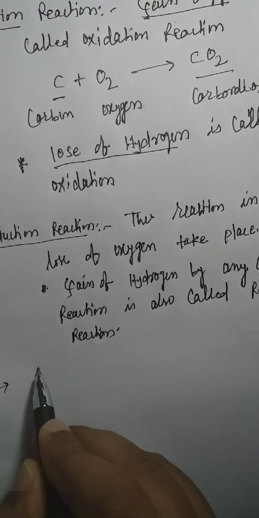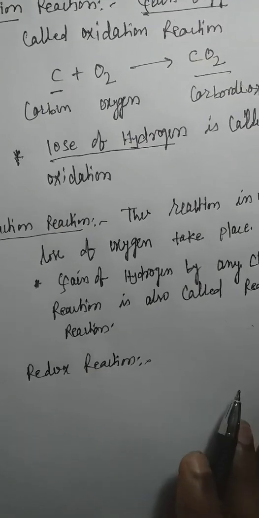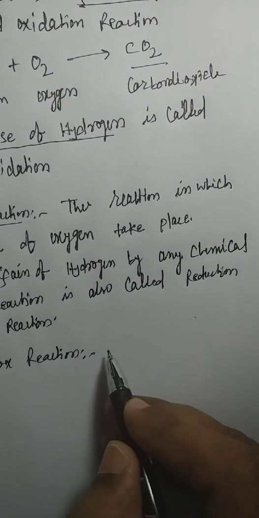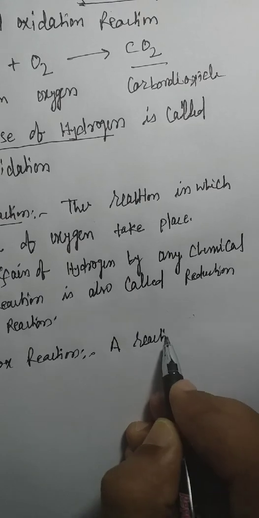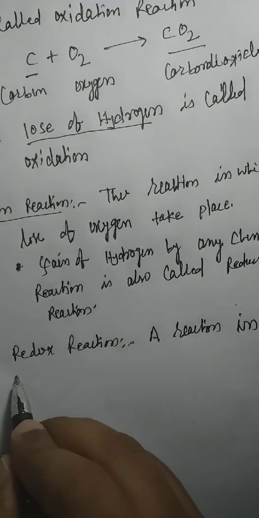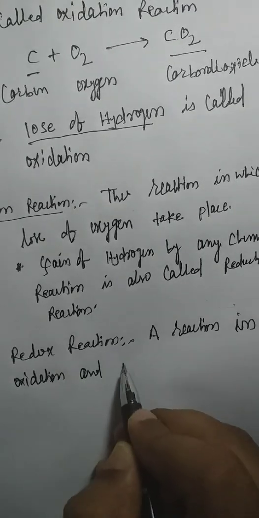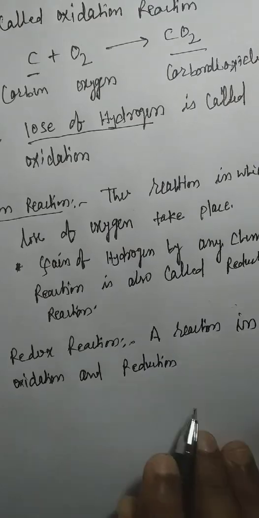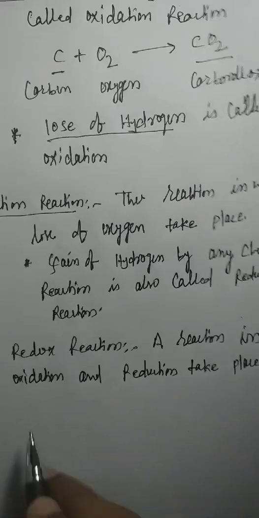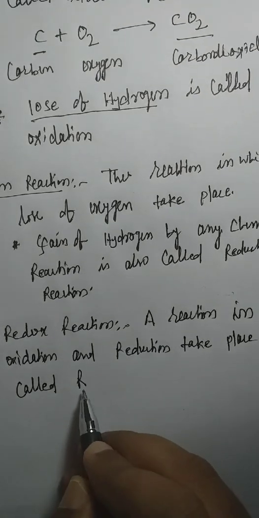Redox reaction: a reaction in which both oxidation and reduction take place simultaneously, right, is called a redox reaction, or this is also known as a disproportionation reaction.